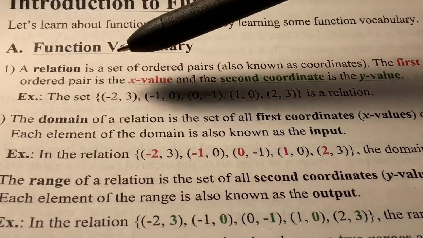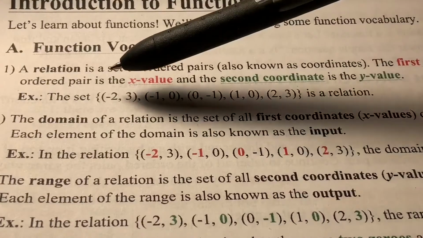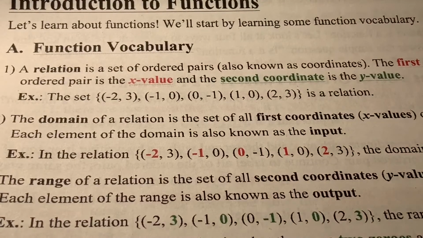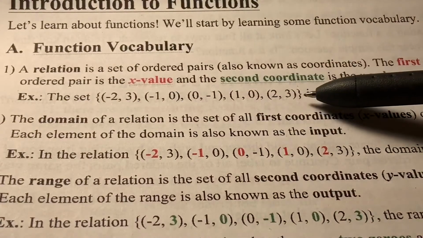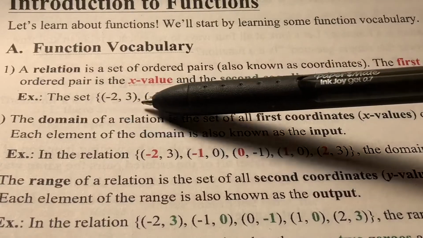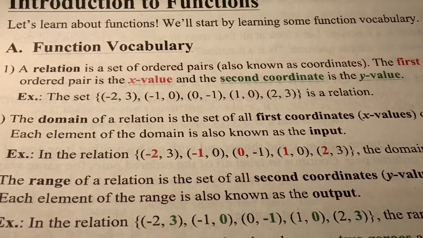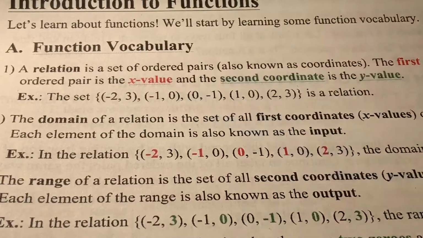Usually when you are listing a set in math, braces are used to keep the set inside. So whenever you see braces, usually in math, that refers to a set of something. It could be a set of anything, really. But in this case, we're talking about a set of coordinates, also known as ordered pairs.